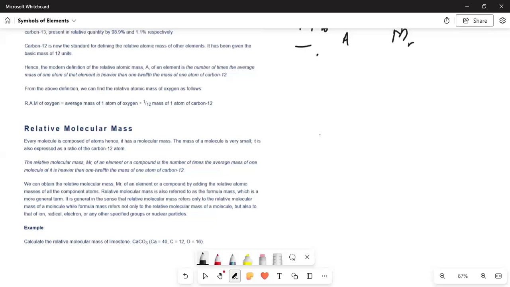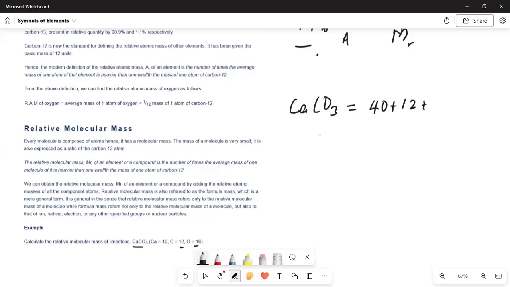So to calculate the relative molecular mass of calcium carbonate, we add all the masses of the component atoms. We have one atom of calcium, which is 40. Then carbon, which is 12. The value in brackets is what I'm using. Then oxygen is 16, but in calcium carbonate you have three atoms of oxygen.